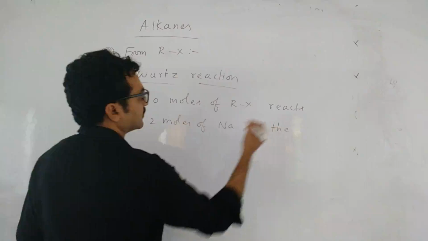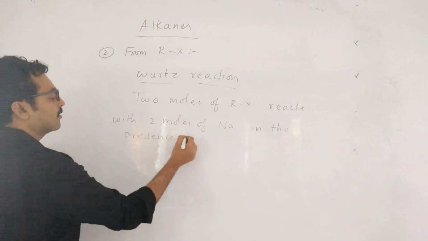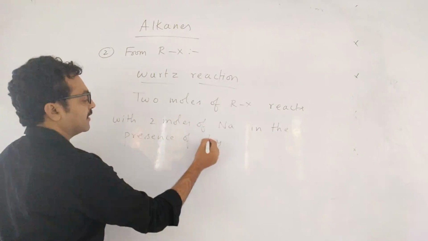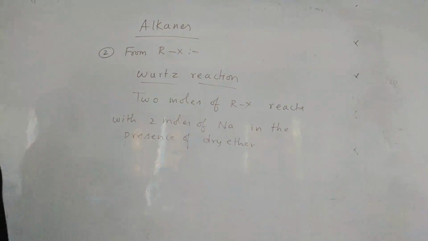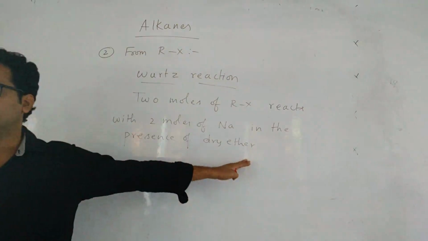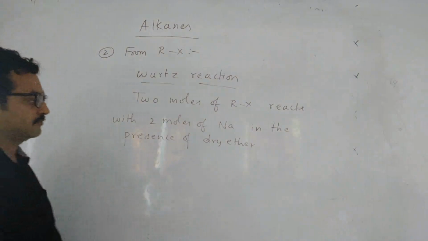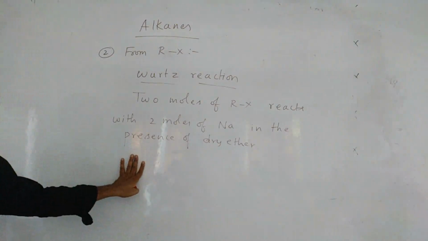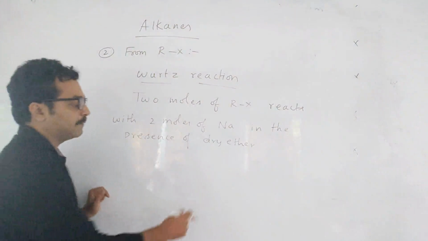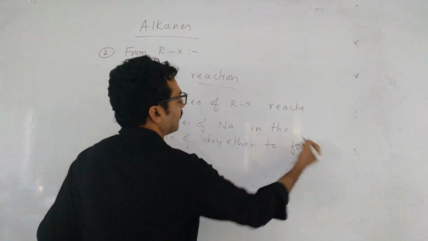These are the conditions. Here we have to take dry ether, because if any water content is there, that will react with sodium. Sodium and water is highly explosive. So 2 moles of alkyl halide reacts with 2 moles of sodium in the presence of dry ether to form an even number of alkanes.